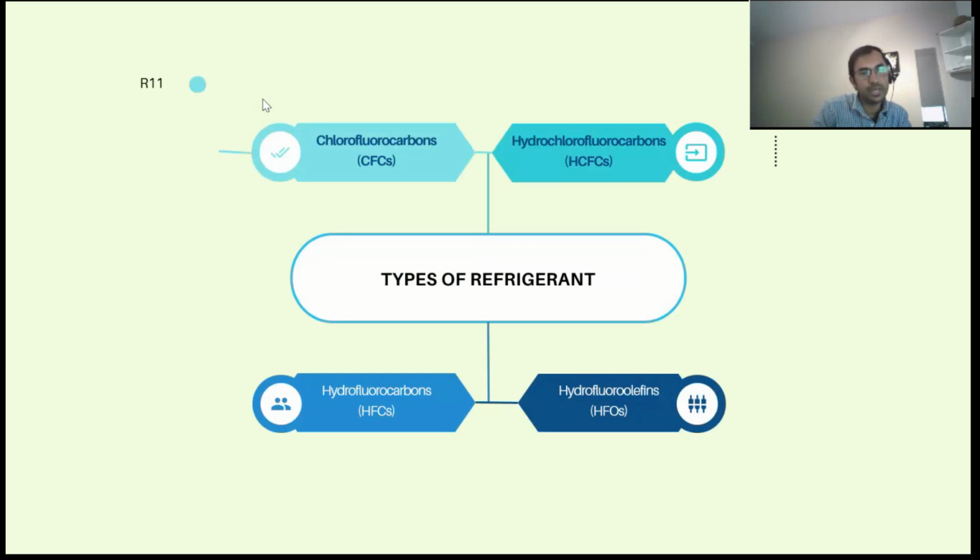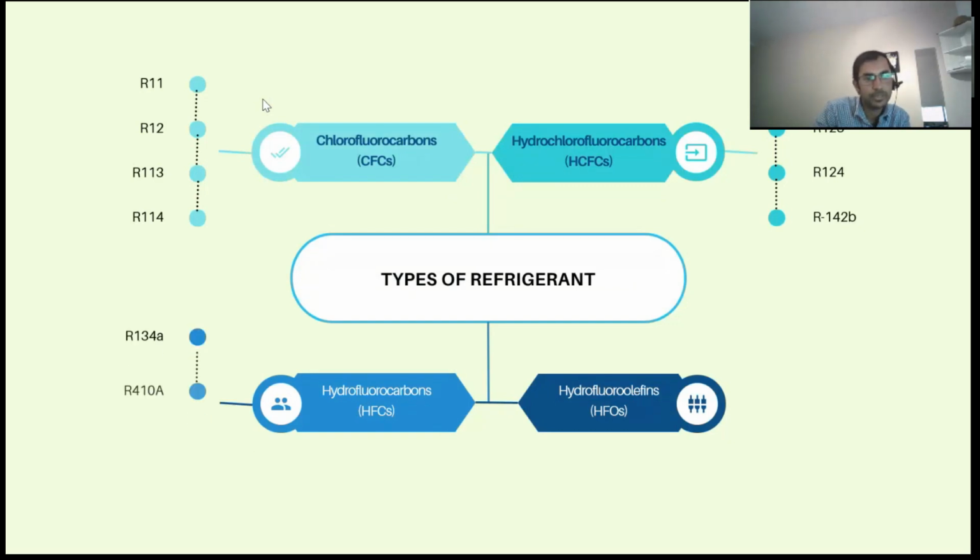If you see CFCs: R11, R12, R113, R114. HCFCs like R22, R123, R124, R142b. HFCs like R134a, R410A, R404A, R407C.